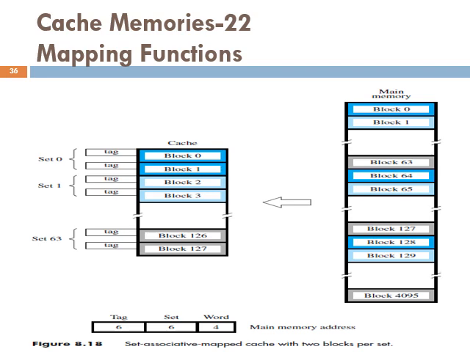The extreme condition of 128 blocks per set requires no set bits and corresponds to the fully associative technique with 12 tag bits. The other extreme of 1 block per set is the direct mapping method. A cache that has k blocks per set is referred to as a k-way set associative cache.